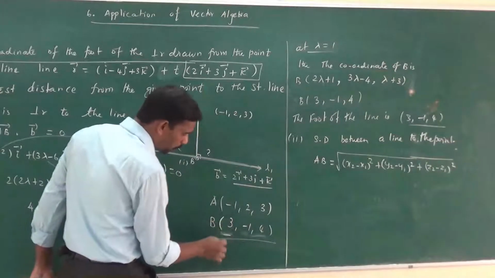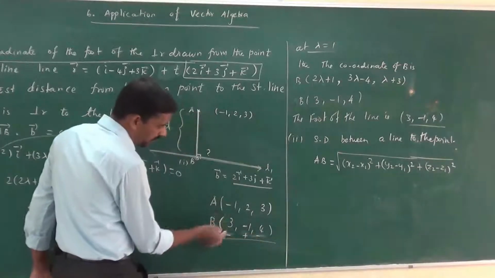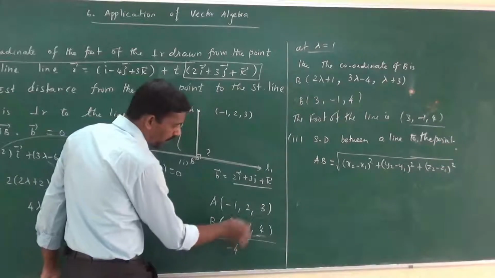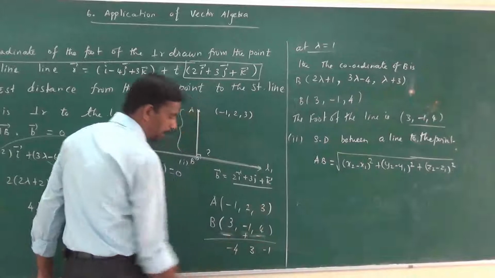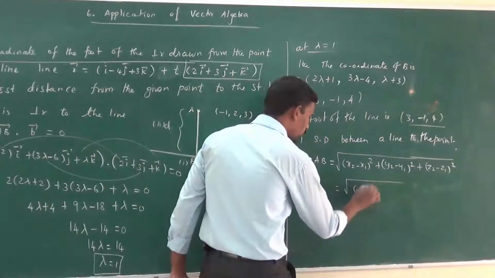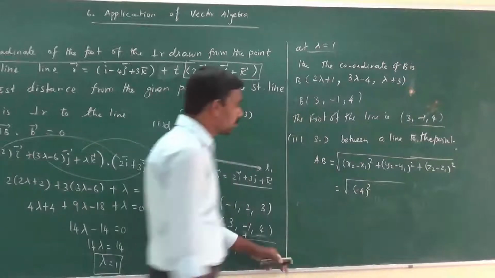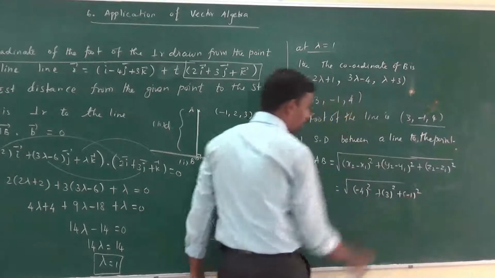Subtracting this one, we want to change the sign. So here minus, here plus, so here you want minus. You see the signs are the same, so minus 4. Here the signs are the same, so plus 3. Here the signs are different, you want to subtract: minus 1. So the answer will come like this: minus 4 the whole square plus 3 square plus minus 1 the whole square.